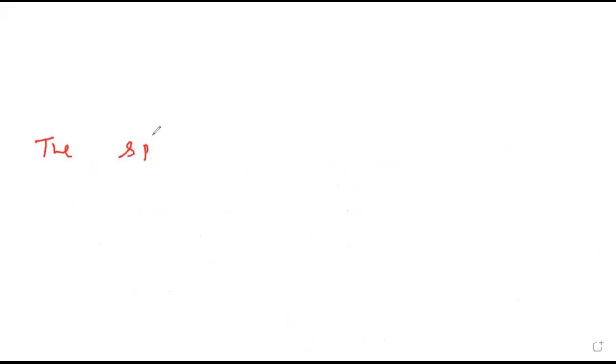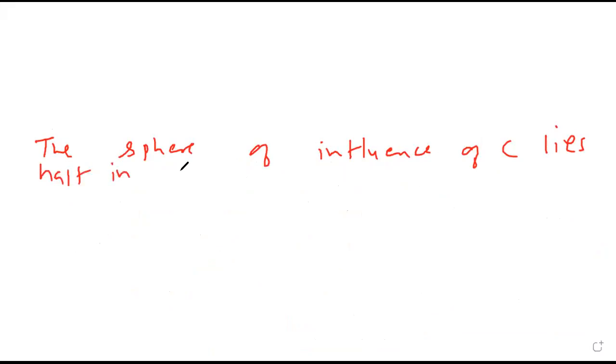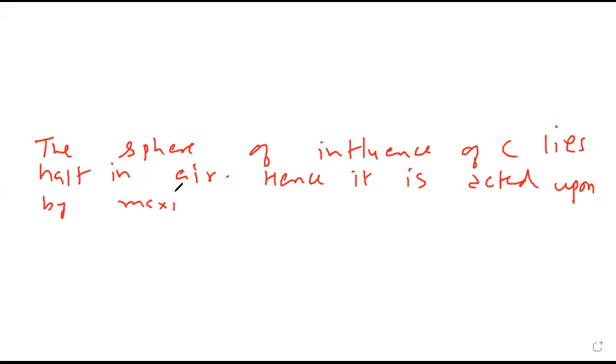The sphere of influence of C lies half in air. Hence, it is acted upon by maximum resultant downward force.